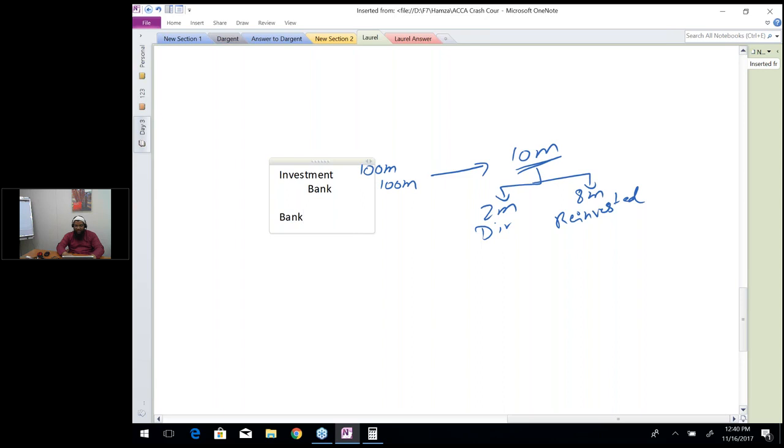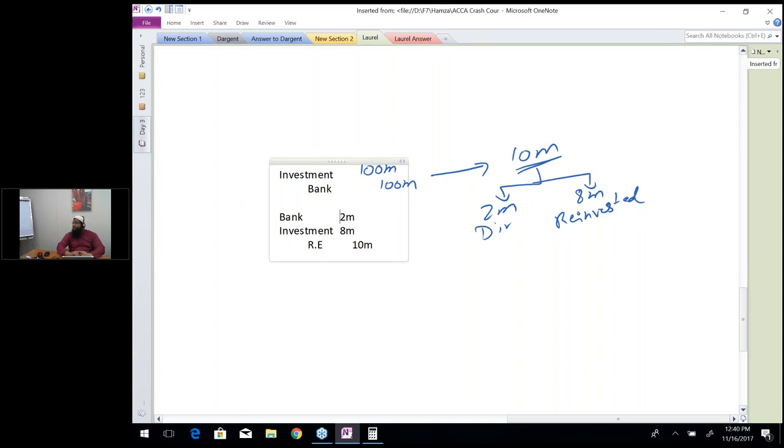The entry should be bank debit by 2 million and investment debit by 8 million, and retained earnings credit by 10 million. Am I right?